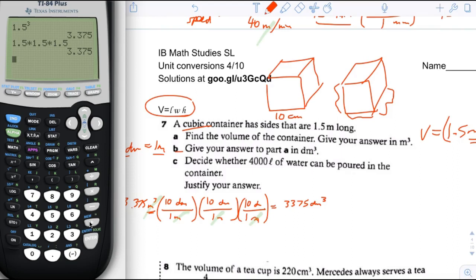And remember that 1,000 cubic centimeters is a liter. So actually a decimeter cubed is a liter. So we know that 3,375 decimeters cubed is equal to 3,375 liters. And now we know that that is less than 4,000 liters. So we cannot pour 4,000 liters into a 3,375 liter container because it's smaller, right?